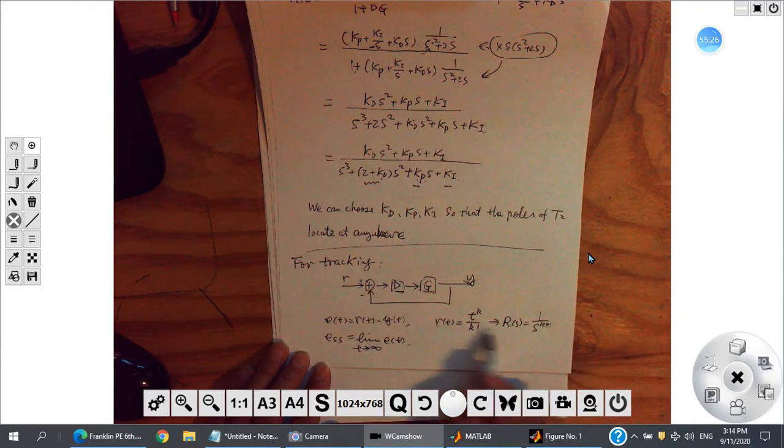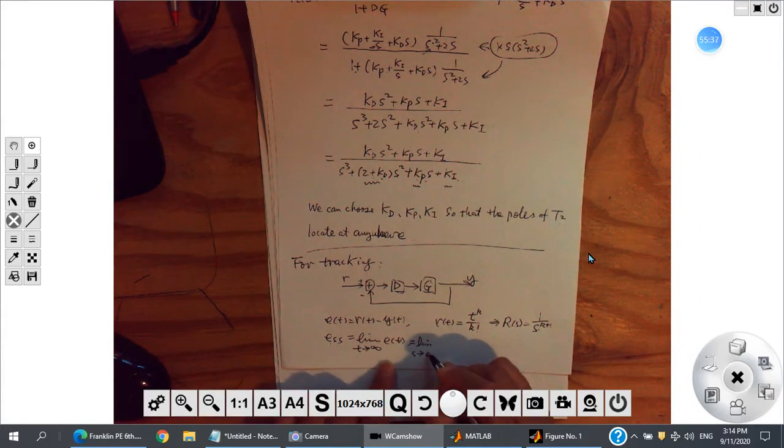If this is the input, then what is this? This is a limit as s tends to 0. I go to the s domain for the calculation.